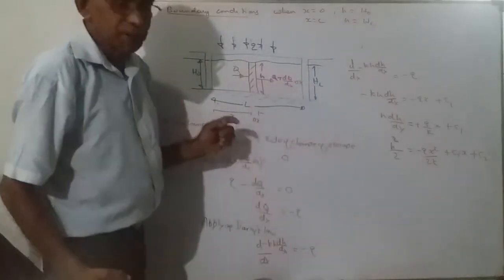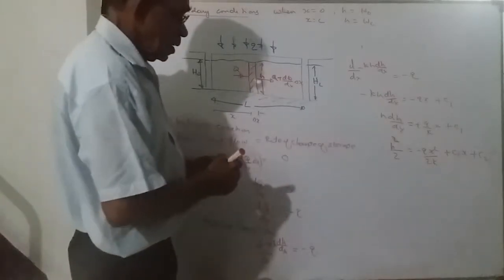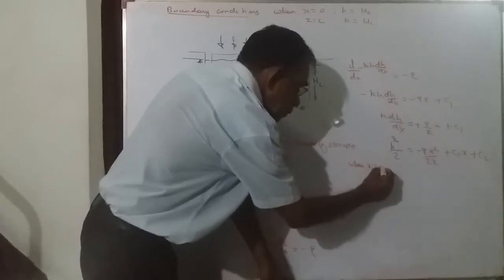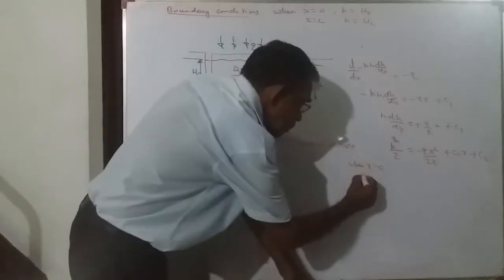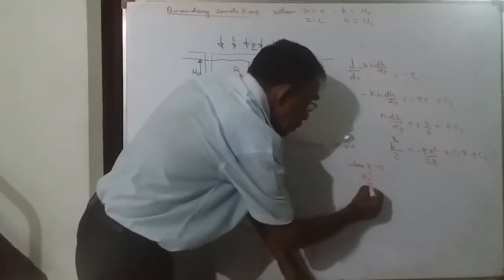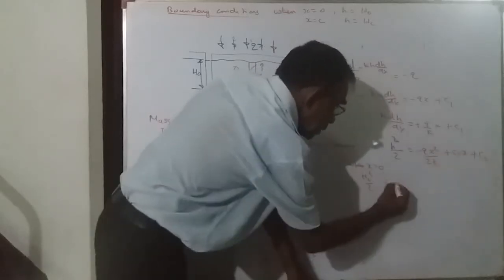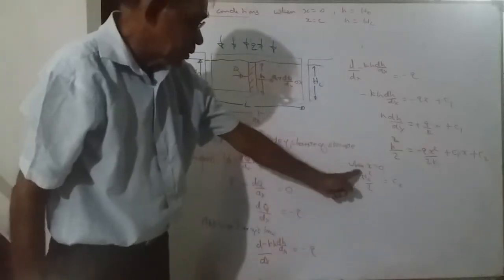Those are the simple boundary conditions here, so you can apply them. When x equal to 0, this becomes h naught squared divided by 2, and this term becomes 0, so C2 is equal to h naught squared divided by 2.